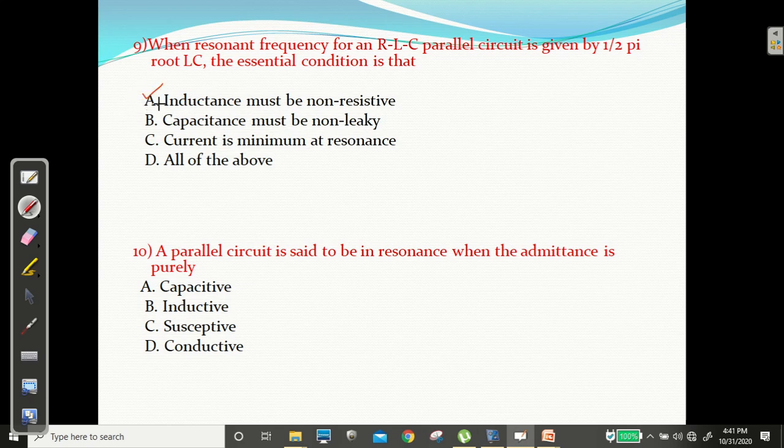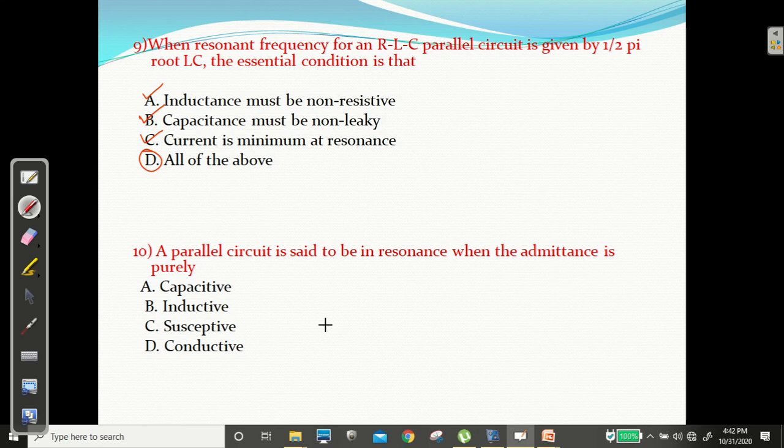Correct? Inductance must be non-resistive, right? A answer. Capacitance must be non-leaky. That is also correct. Current is minimum at resonance. That is also correct. So the answer is D, all of above. Okay. So question number 9 is D.